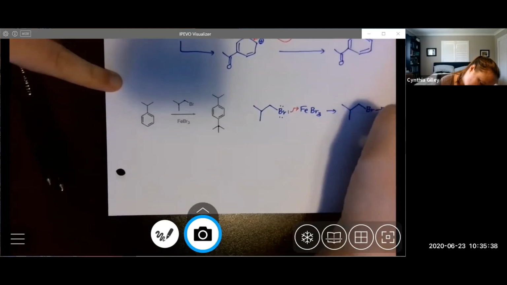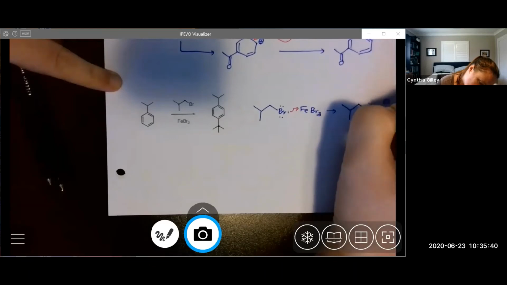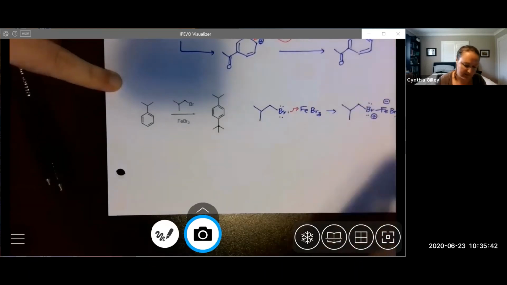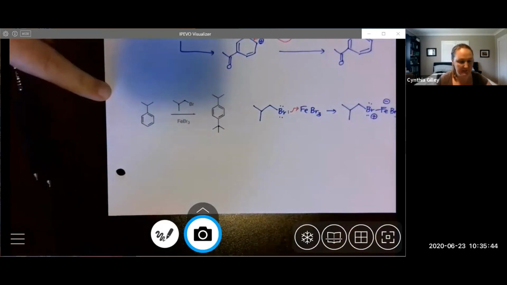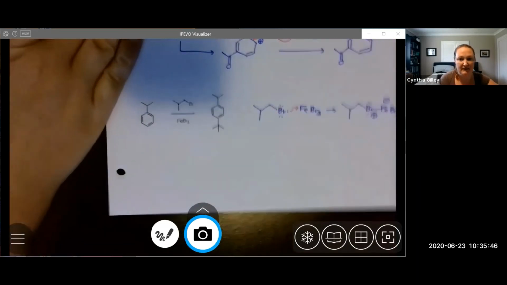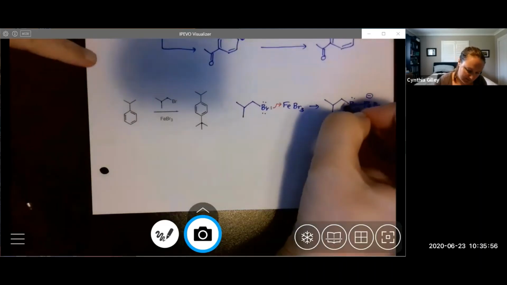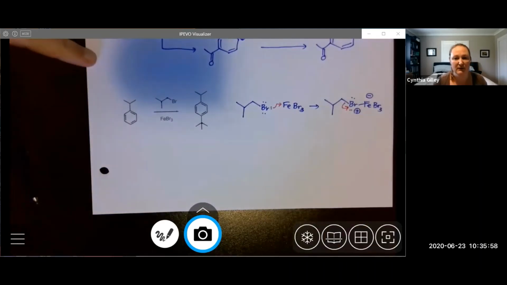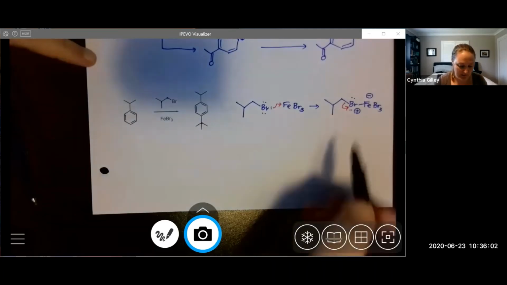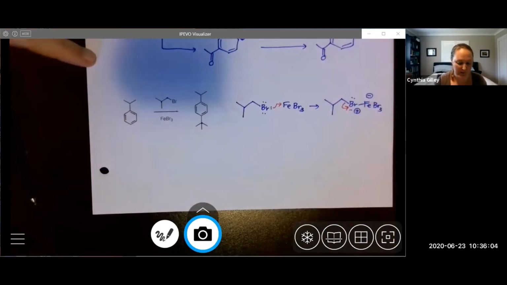Remember, that makes the bromine attached to the carbon positively charged. So that's very, very electrophilic and really a very great leaving group. So if I was just to show loss of a leaving group, what sort of carbocation would I get? I would end up with the carbocation here.